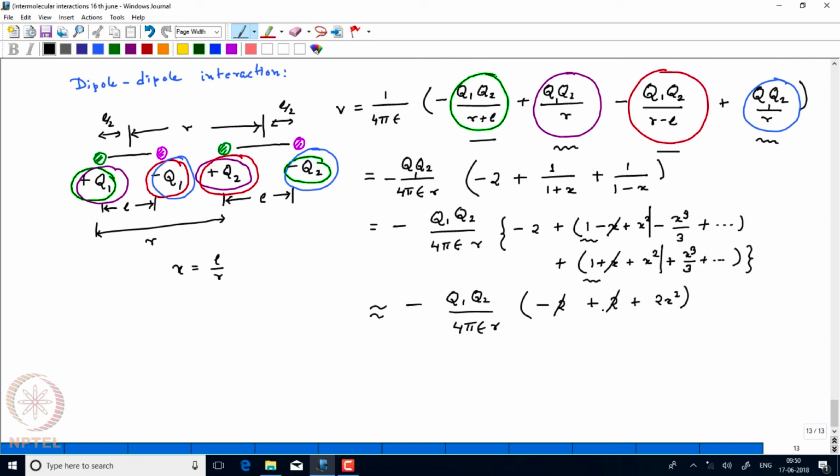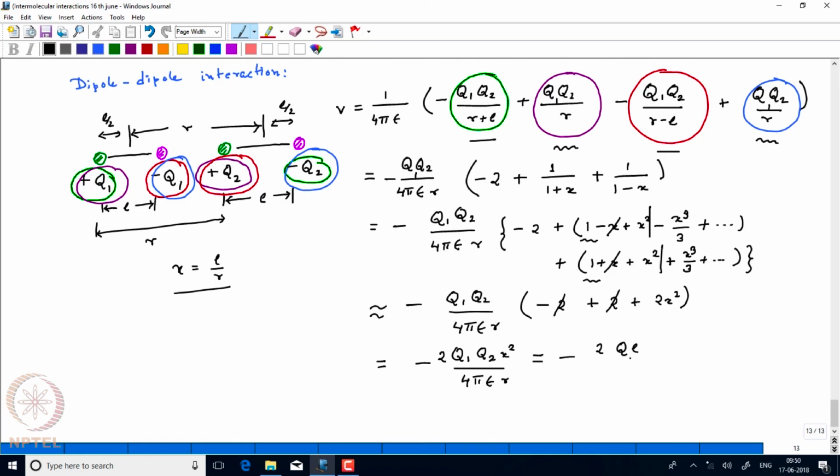So these 2 now get cancelled, and then in the final expression I will have twice x square into q1 q2 by 4 pi epsilon r, and then I know that x is nothing but L by r, so I will just replace it. So it will be minus q1 q2 2 times x square by 4 pi epsilon r, and then I am again replacing x as L by r, so it will be twice q1 L. So x square will be L square by r square.